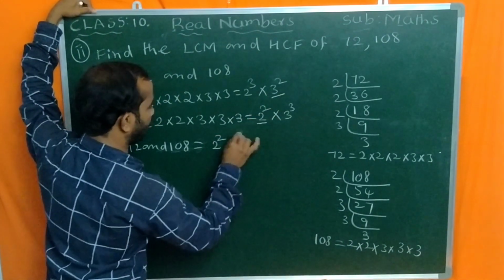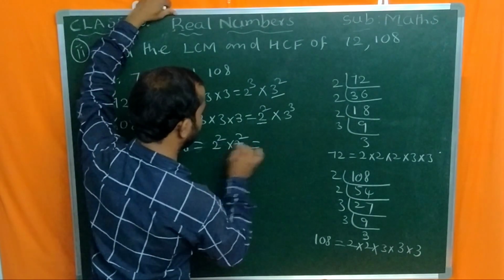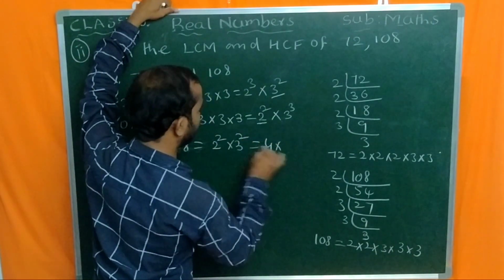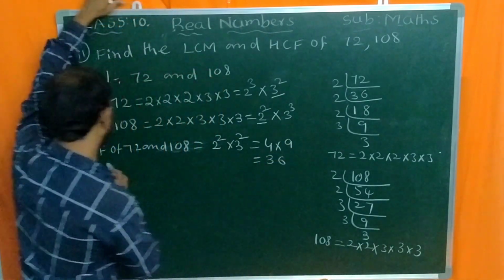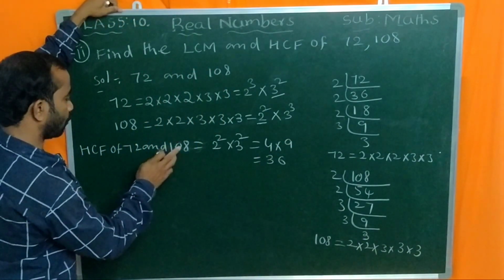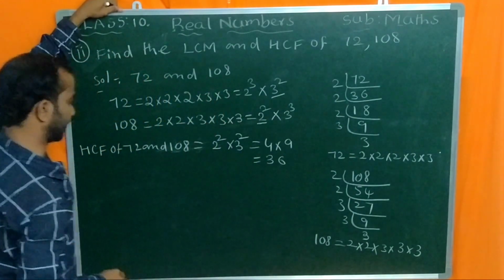That equals 4 times 9, so HCF of 72 and 108 equals 36.